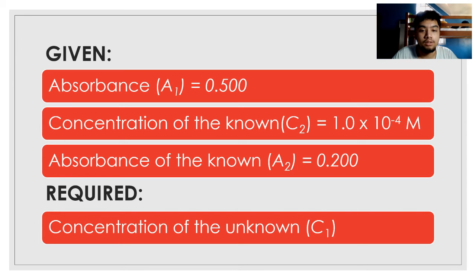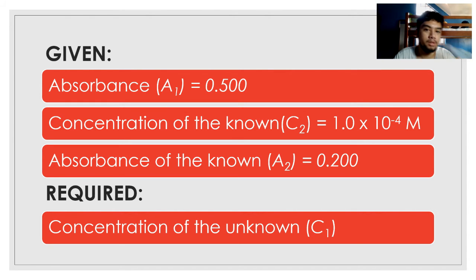Then the concentration of the known sample, which we are going to represent as C sub 2, is equal to 1 times 10 to the negative 4 molarity. Then lastly, the absorbance of the known sample, which is represented by A sub 2, is equal to 0.2. Then the required, based on the problem, is the concentration of the unknown sample, which is C sub 1.